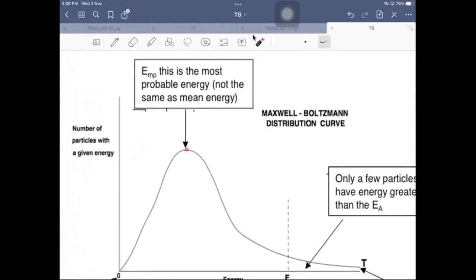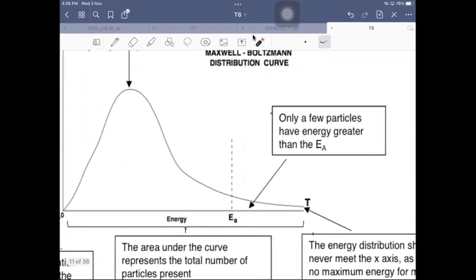That means this is the energy value that a lot of the particles have, so the majority of the particles have energy between this range. And then at the end, this is the region of higher energy. There are few, and of course, the higher the energy, the lesser the number of particles will be.